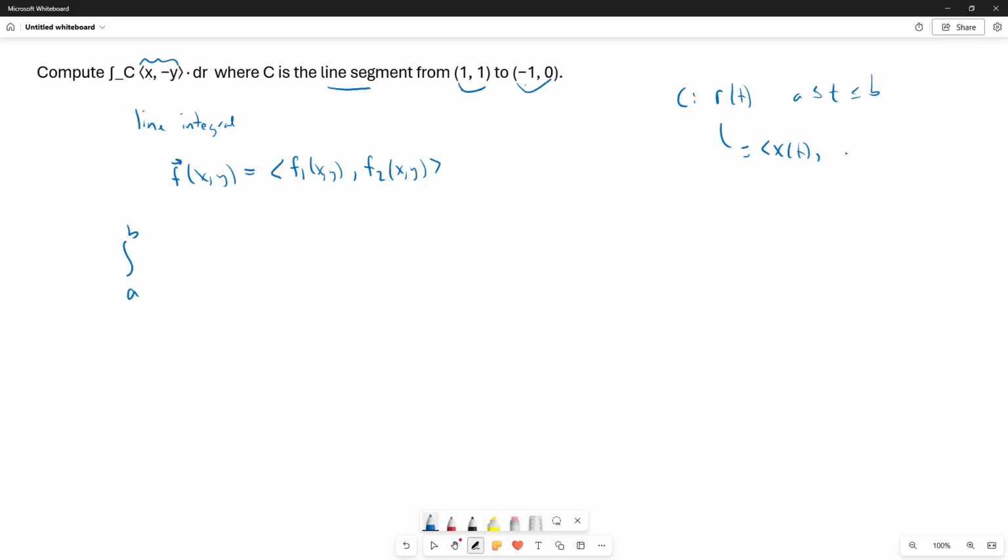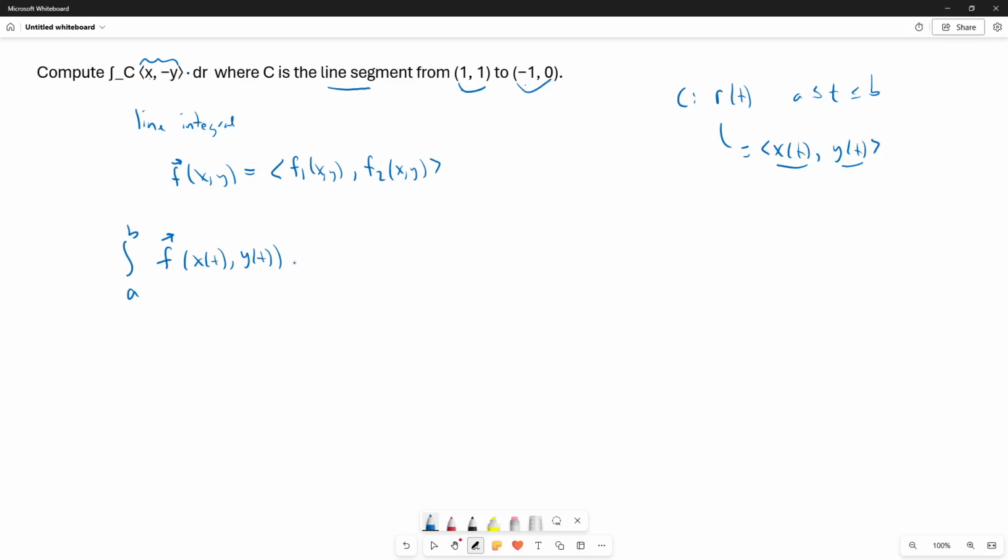It has the form x of t comma y of t. So this represents a point on the curve in position vector format. We need to substitute into our function, where every x is replaced by x of t and every y is replaced by y of t. So we'll have the vector function with x of t comma y of t.